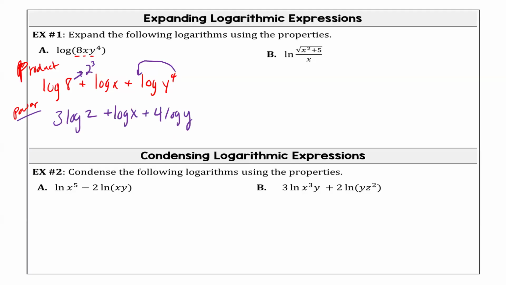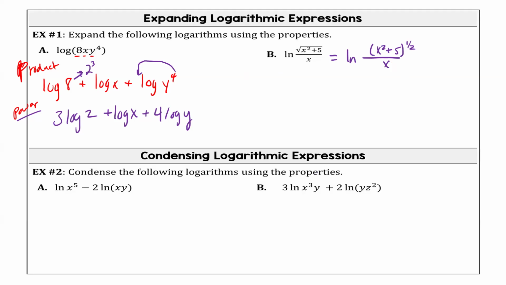All right, so now let's look at this natural log. So we have the natural log of the square root of x squared plus 5, over x. The first thing I'm going to do is rewrite this in terms of a power. When I rewrite this in terms of a power, it's going to become the natural log, parentheses, x squared plus 5 to the 1/2, over x. If I'm taking the square root of something, that means it's to the half power.